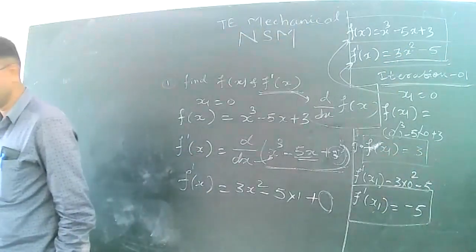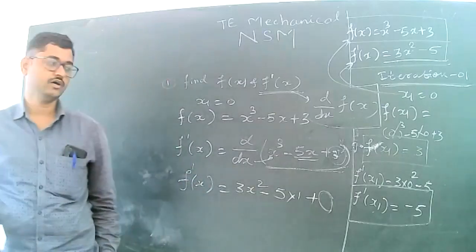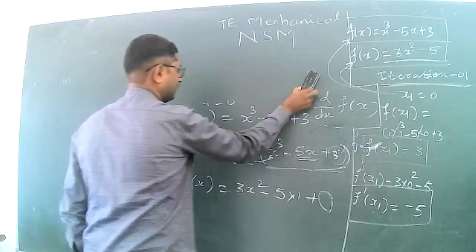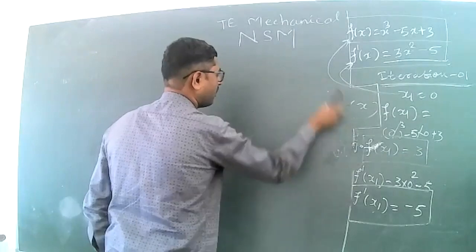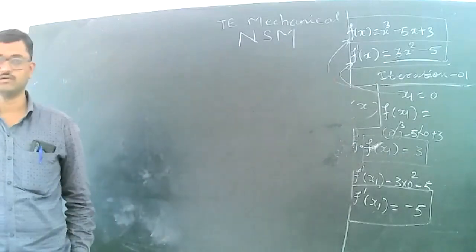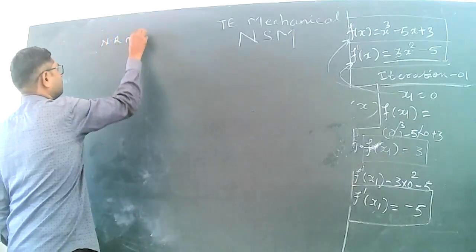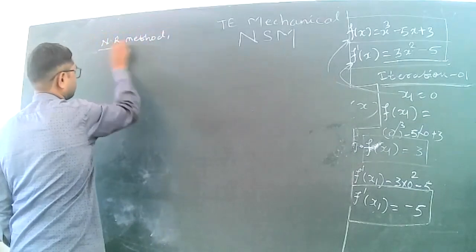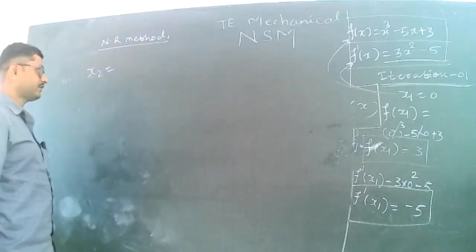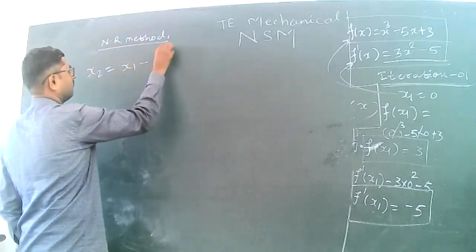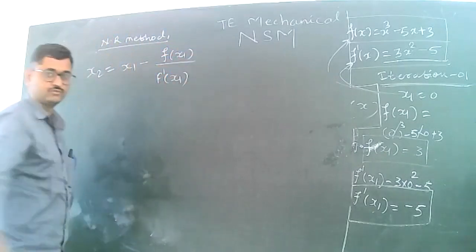The last step for iteration 1 is to find the root of the equation using the Newton-Raphson method. The formula to find the root is x2 is equal to x1 minus f of x1 upon f dash of x1.